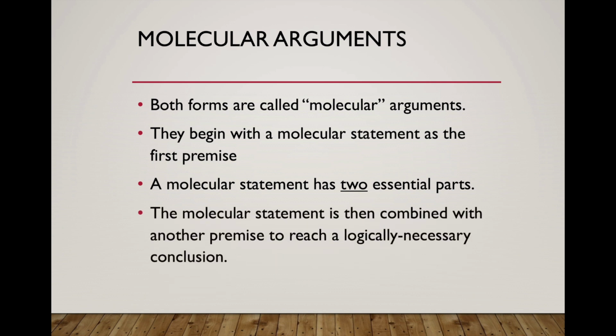So we take the molecular statement, which always functions as the first premise in a molecular argument, and combine it with another premise that leads us to a logically necessary conclusion. Like other forms of deductive reasoning, if these arguments are structured according to the rules of inference, they will lead to a logically necessary, that is, a certain conclusion.